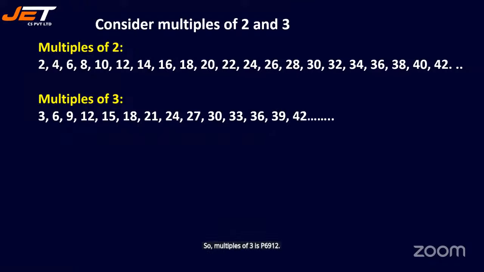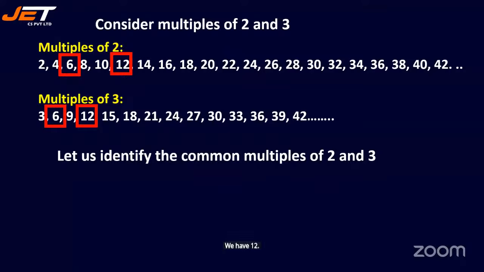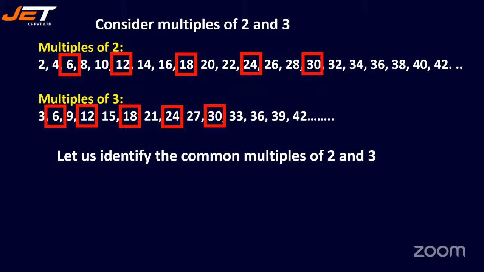The 3 table you have to just write. Okay. Let us identify the common multiples of 2 and 3. So what are common among these 2 and 3? You can see we have 6, 12, 18, 24, 30, 36, 42.